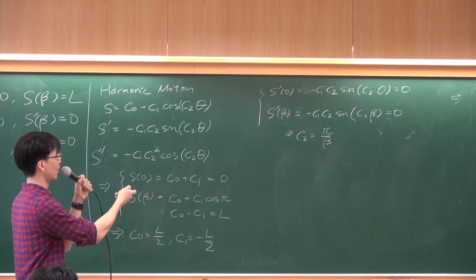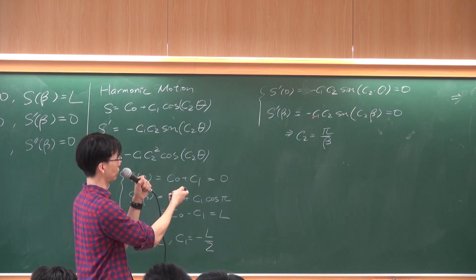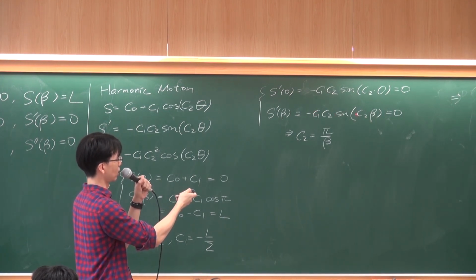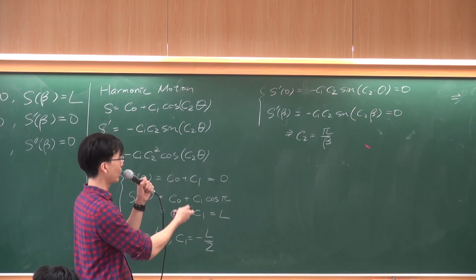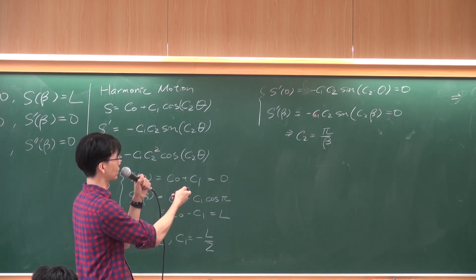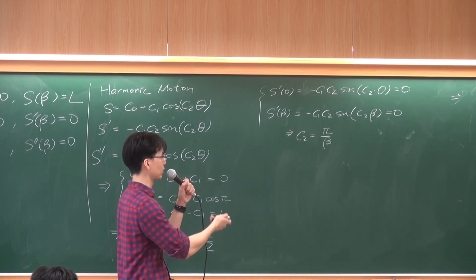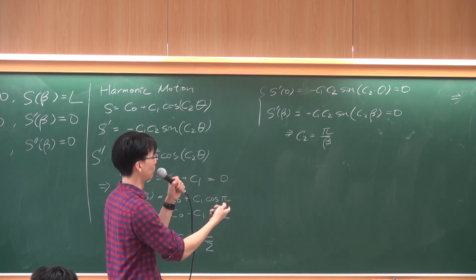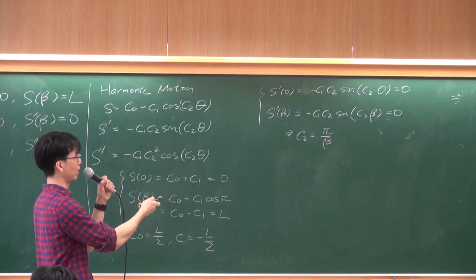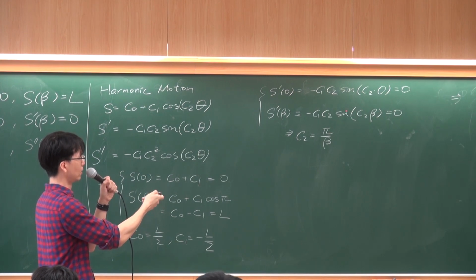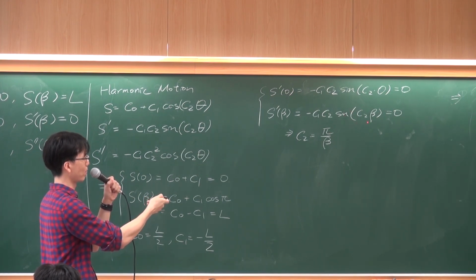And for the second one, you substitute theta equals beta in this equation, so you get minus C1 C2 sine C2 times beta equals 0. To make this 0, you can either make C1 or C2 0, but that's not good because that's a trivial solution. So you want a more general solution, which is if you make C2 equal pi over beta, then this will always be sine pi.